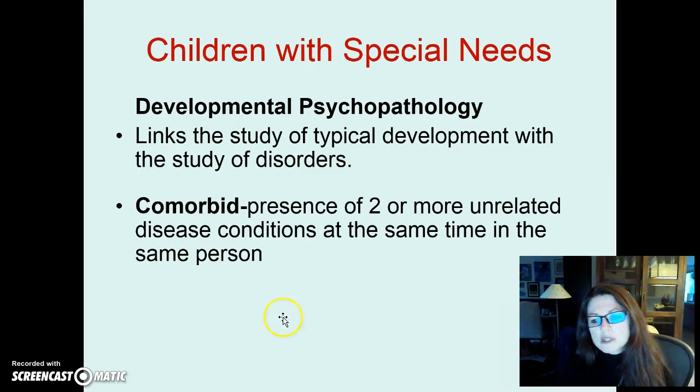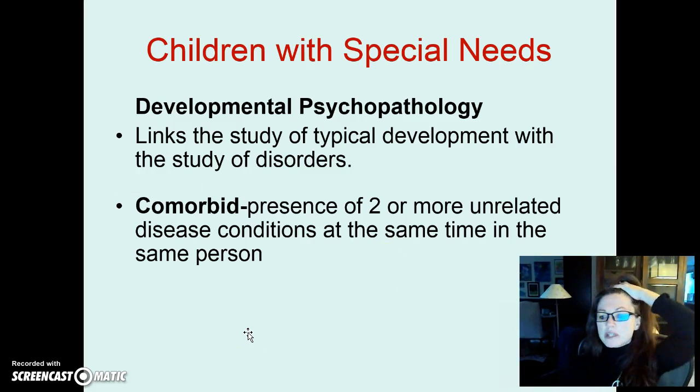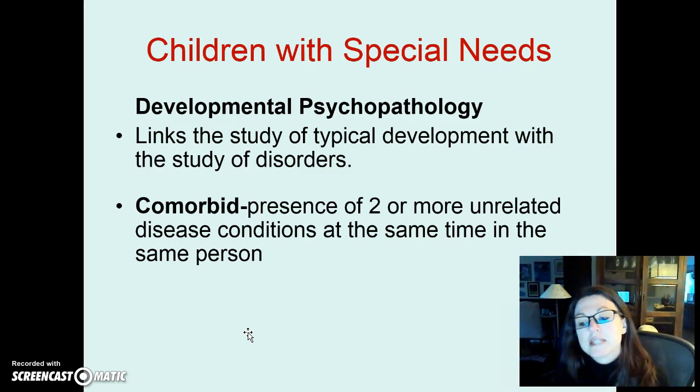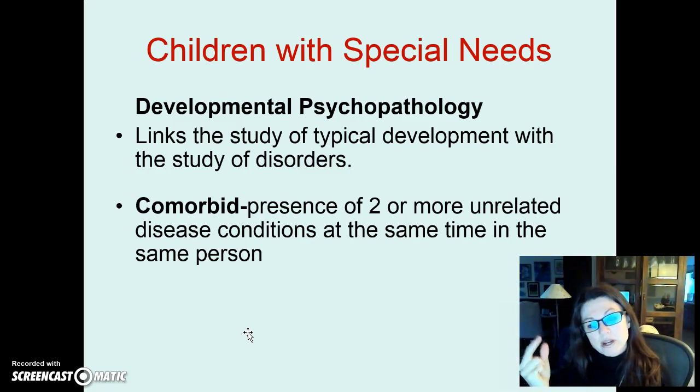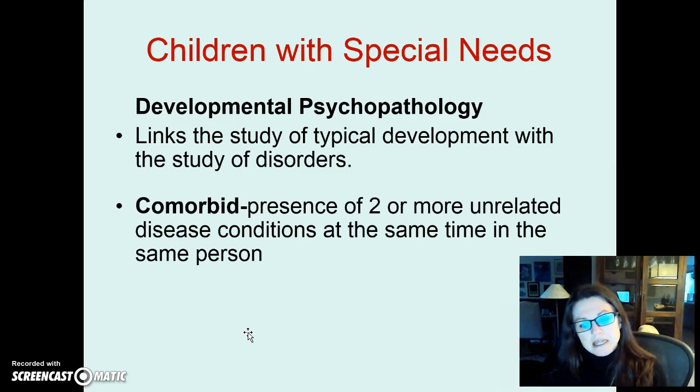Okay, so children with special needs we're going to talk about. We talked about measuring the mind and intelligence and multiple intelligences with Sternberg's 3, academic, creative, and practical, and his shaping, adapting, and selecting.